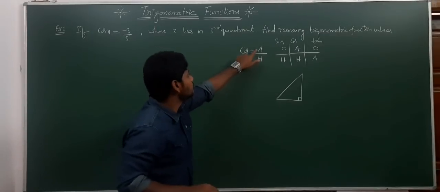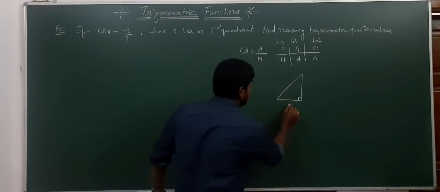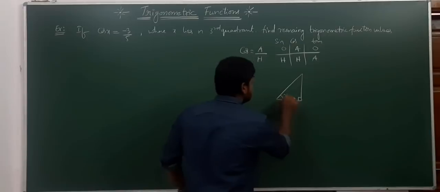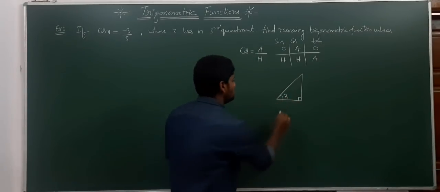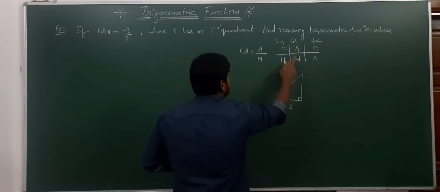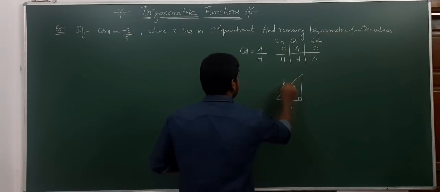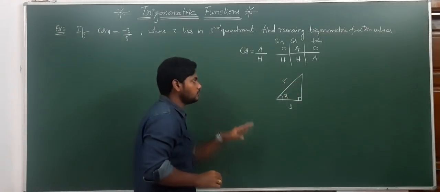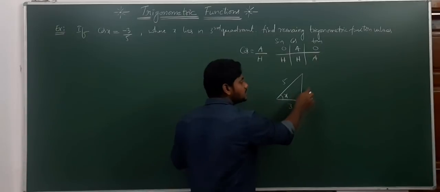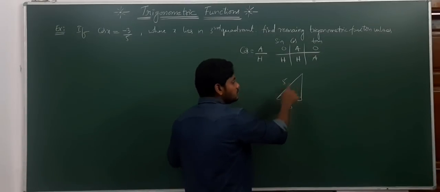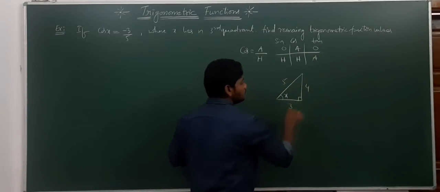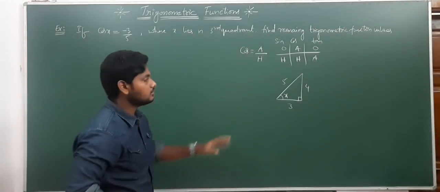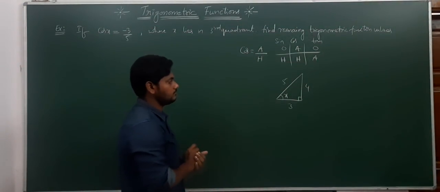If we consider this angle as x, adjacent will be 3, and hypotenuse is given as 5. So according to the right angle triangle, 3 square plus y square equals 25. Apply the Pythagoras theorem to find y, and we get 4.